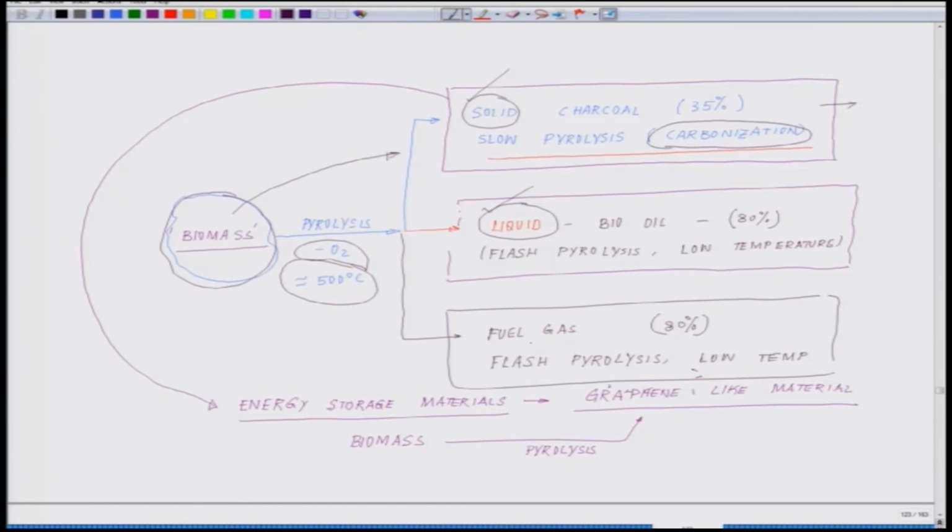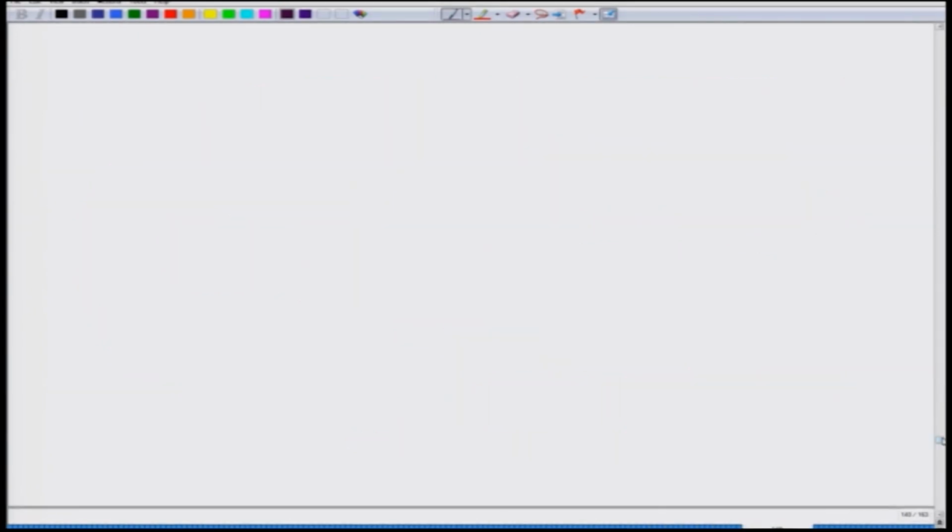Today we will talk about a very specific kind of biomass which leads to carbonization, leading to the formation of graphene-like molecules, or a very special kind of graphenes, which is the need of the hour. What is the philosophy behind this? You have a wide area of biomass on the floor of earth.